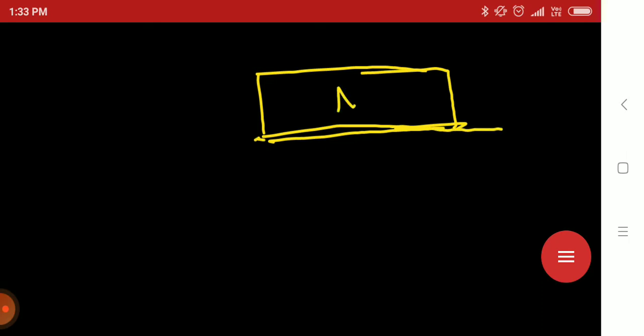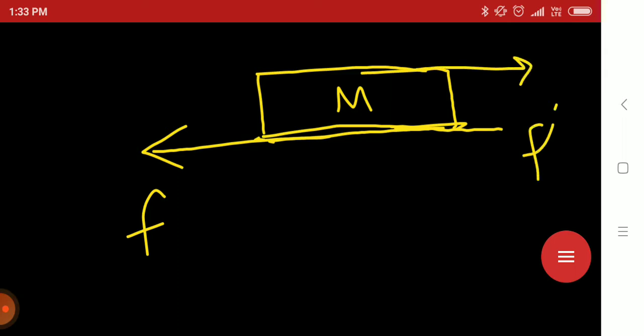Here on capital M mass, frictional force F is acting here, and F prime is acting over here. So acceleration will be what?